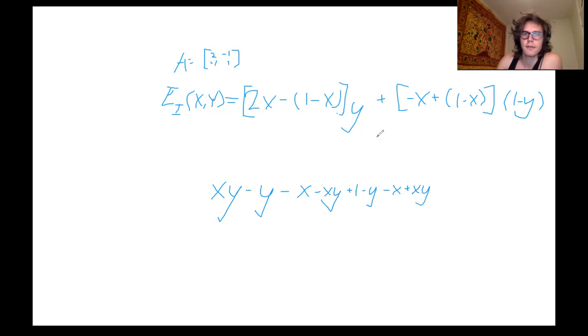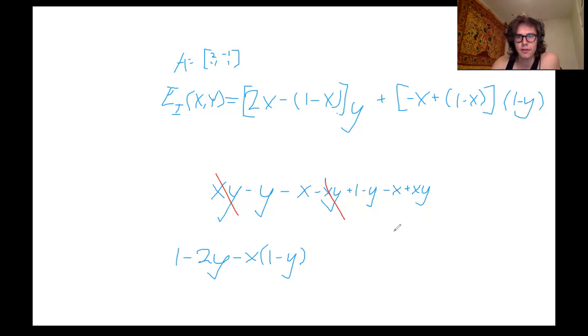All right, that's awfully nice. Cancel the shit out of nothing. Okay, good. And then we get 1 minus 2y minus x. And then if we just take the derivative of this with respect to x, we're going to get 1 minus y. Cool.